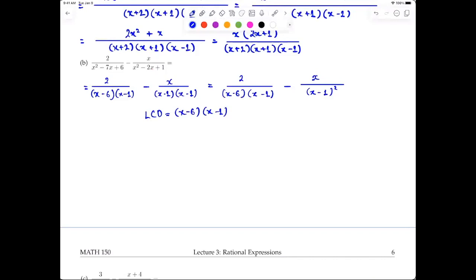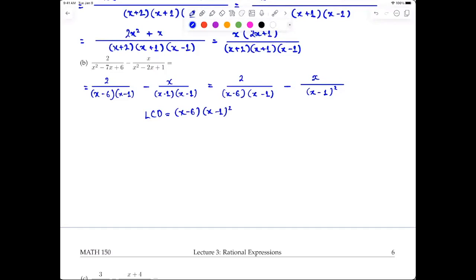You have x minus 1 as a factor. We already got it here. But in this case, you have x minus 1 squared. Choose the highest power between the two factors here, x minus 1 and x minus 1 squared. You choose the square. You okay with that? So now the LCD is x minus 6 times x minus 1 squared.